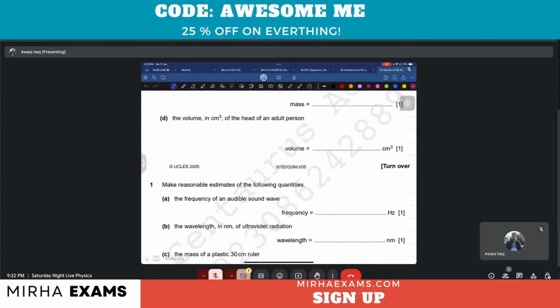Back in those days, they used to give very stupid estimation questions. This question states that you have to estimate the volume in centimeter cube of the head of an adult person. So that's something pretty awesome.